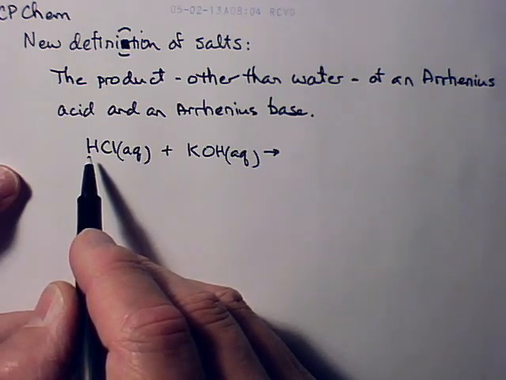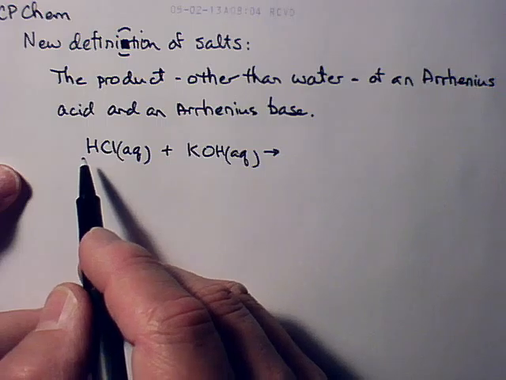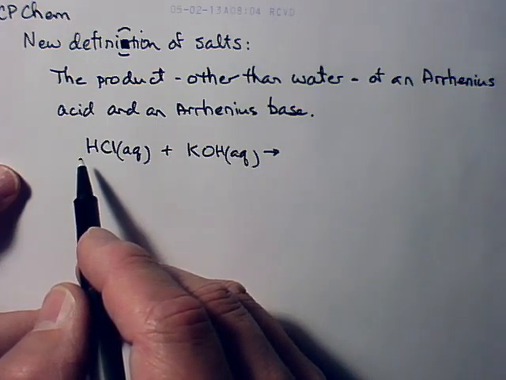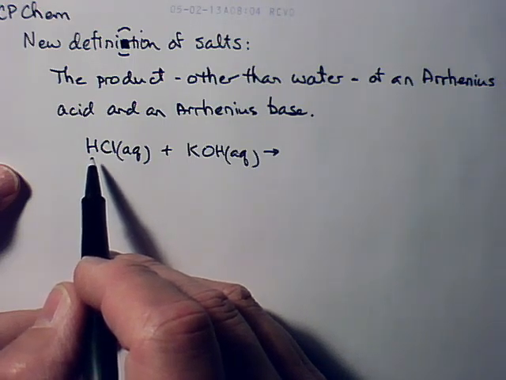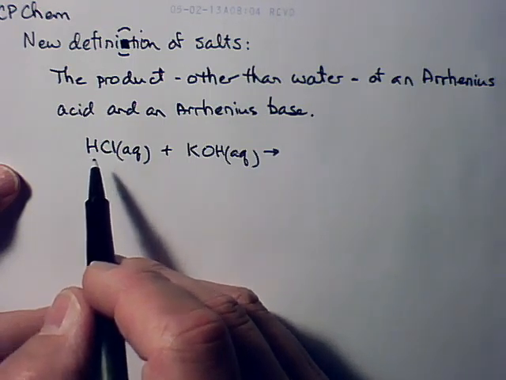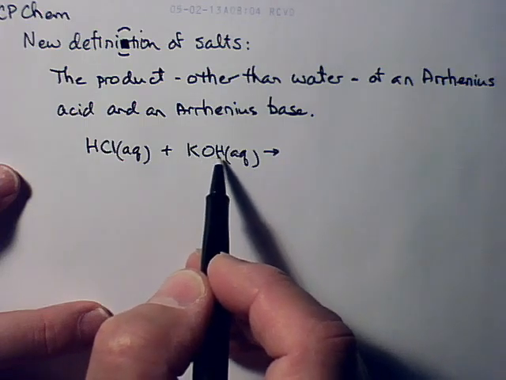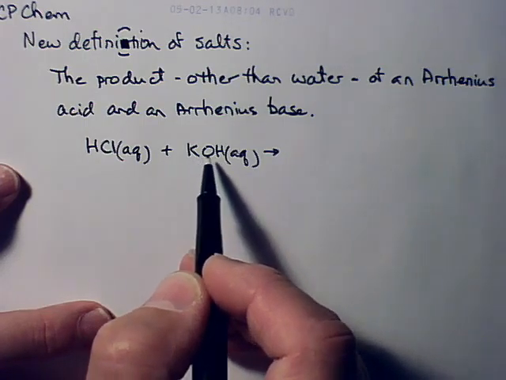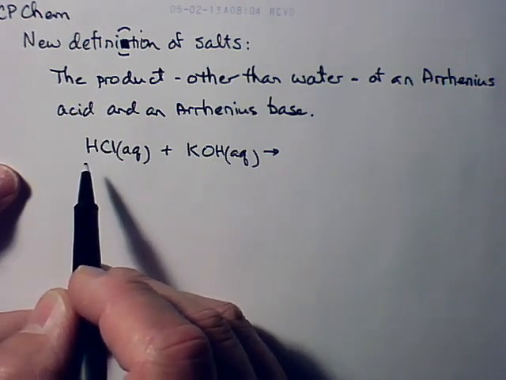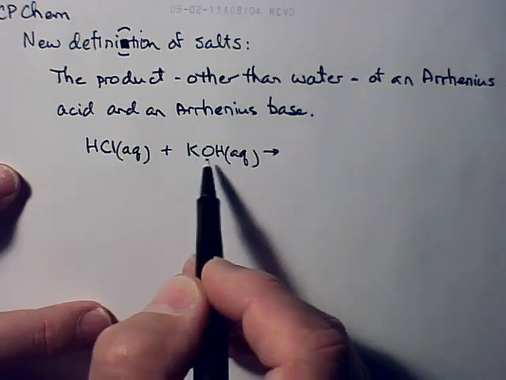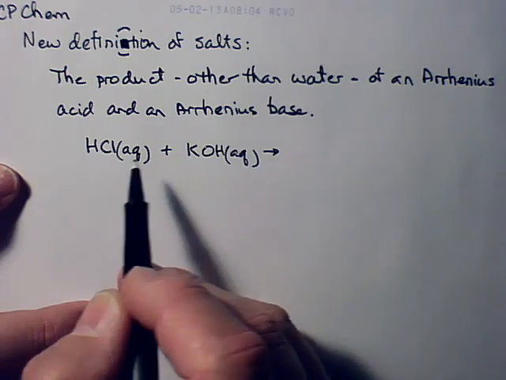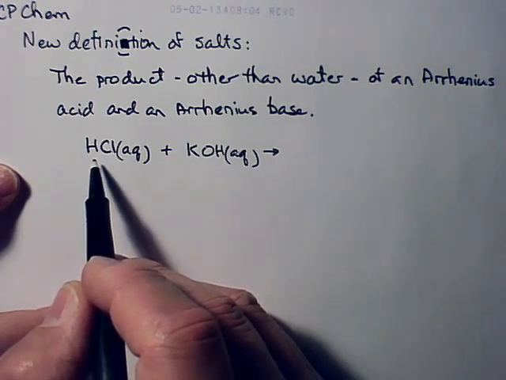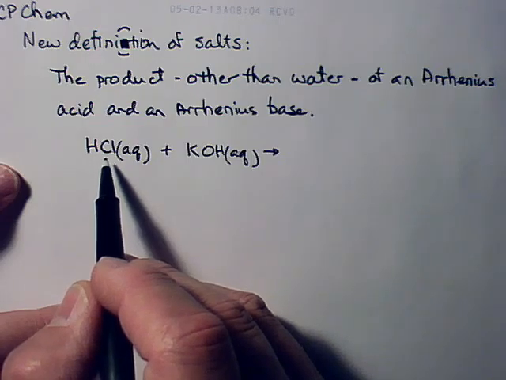The way that we learned to predict the products of reactions back in Unit 5 was we looked at the two chemicals here. We recognized those two chemicals as both being two-part compounds, an ionic compound and an acid. This OH is a part, and the potassium on the front is a part. Hydrogen on the front, chloride on the back.